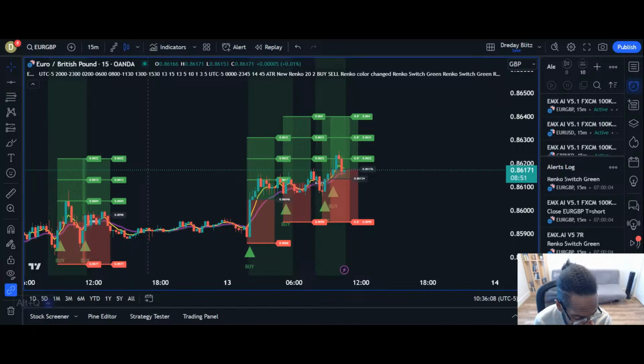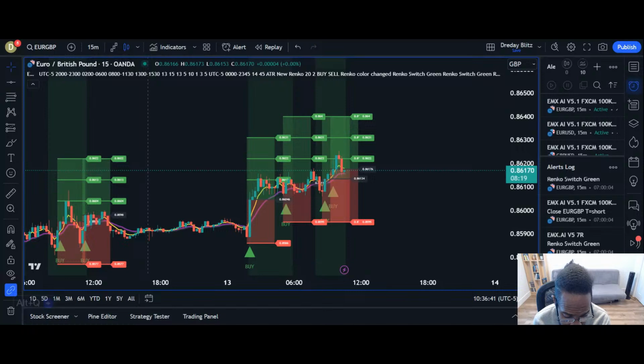So tomorrow, London session, we'll see how the market will go. But I'm expecting to have the British pound stronger this week, like I said, based off COT.